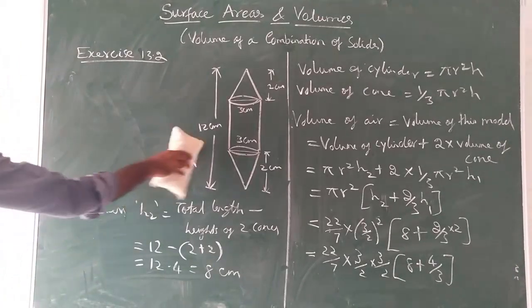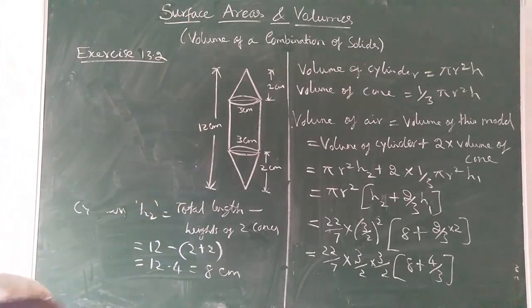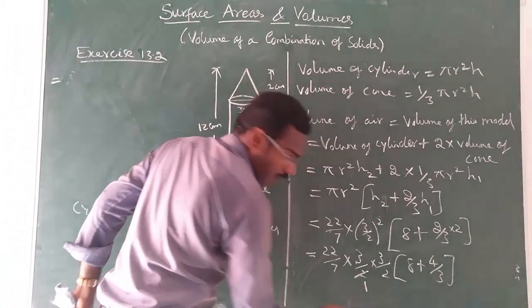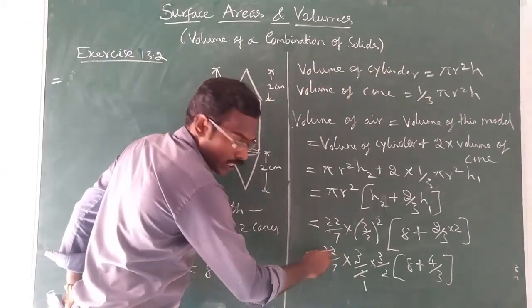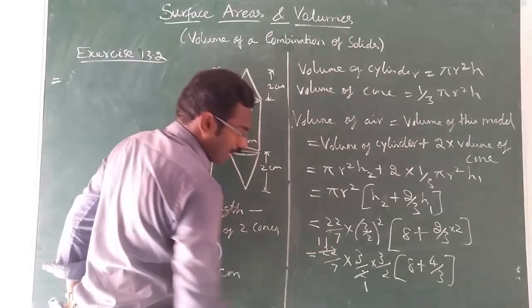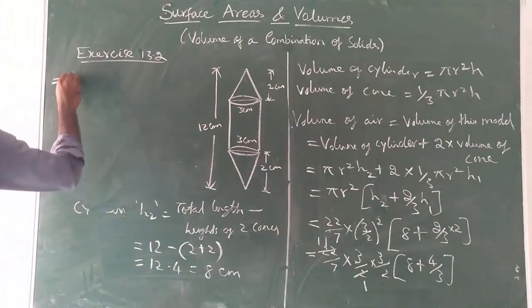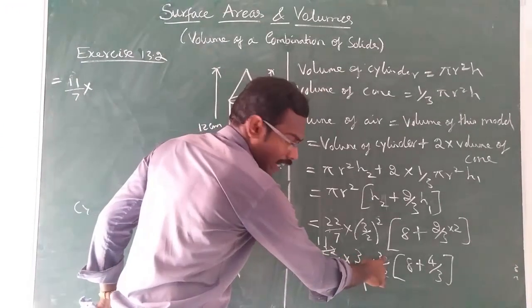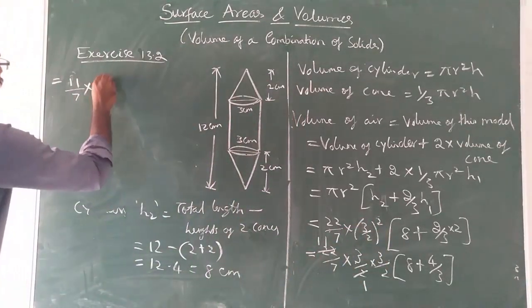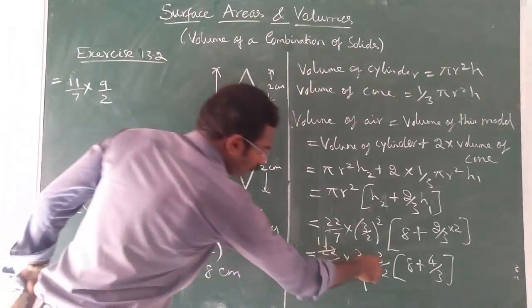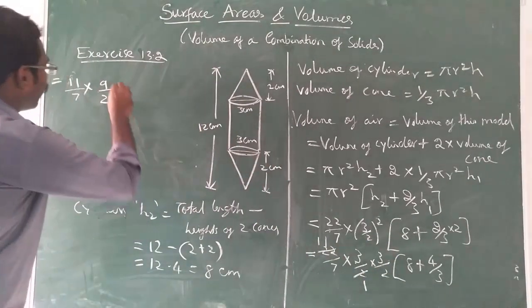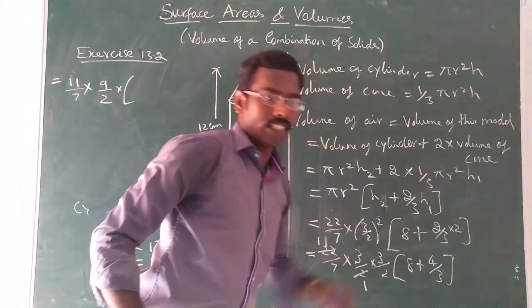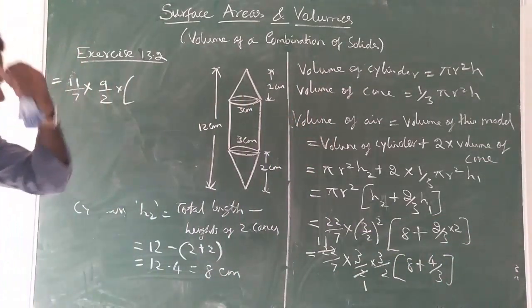So that is equal to, we can cut this 2 and this 22, 11. So 11 by 7 into 3 threes are 9, 9 by 2. 9 by 2 into 8 plus 4 by 3. Shall we take LCM?